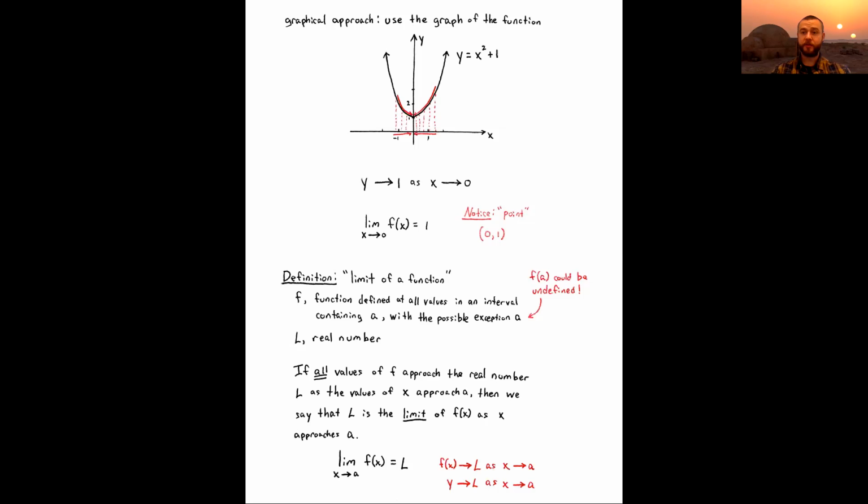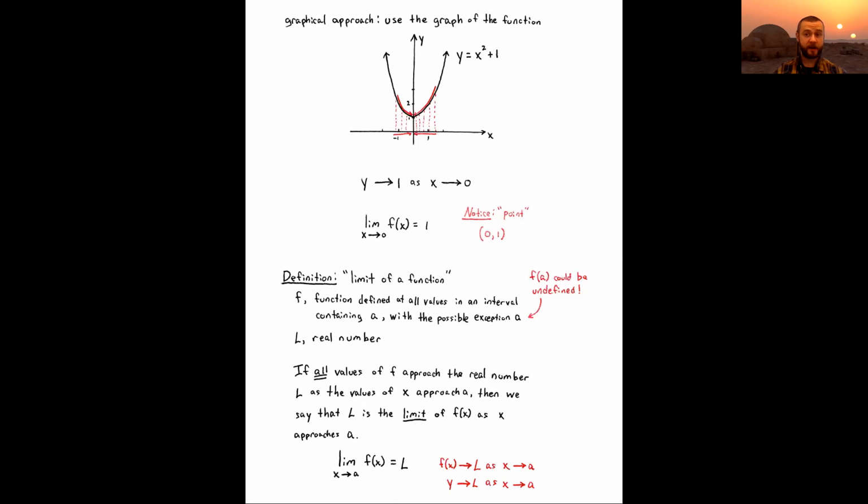Here, capital L is going to denote a real number. We're going to use capital L to denote the limit value. And we have this definition that says if all, or every, function value approaches the real number L as the x values approach a, then we say L is the limit of that function as x approaches a.